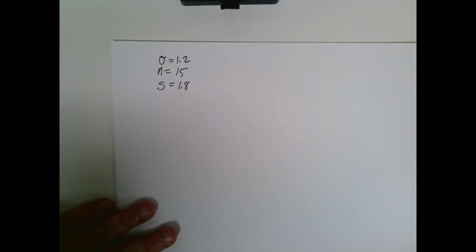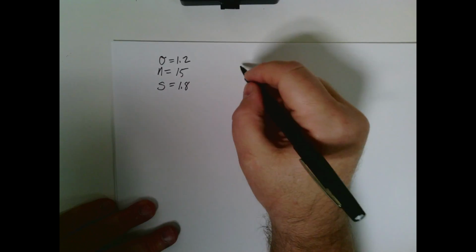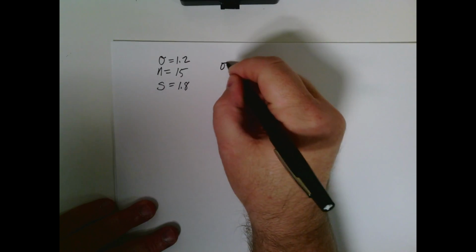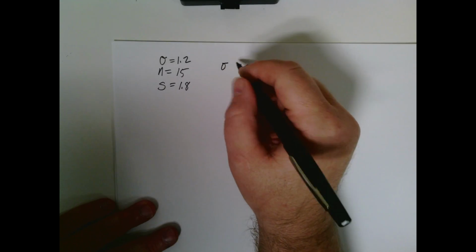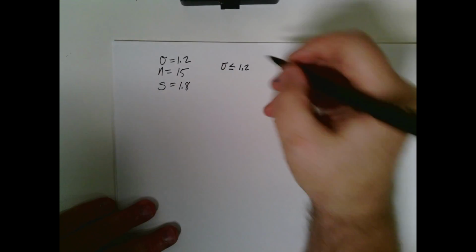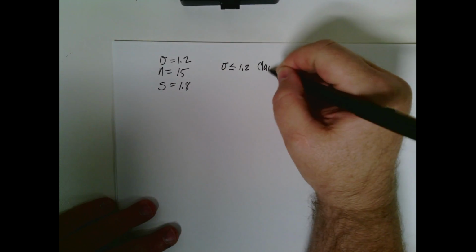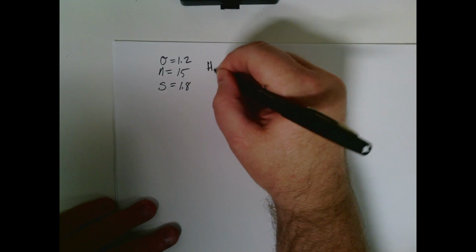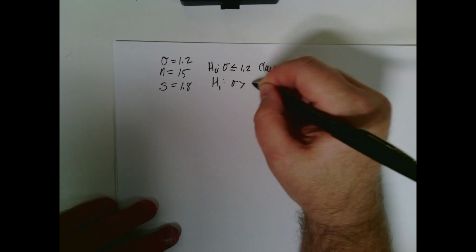Okay, so now they say test the claim, and the claim is that the standard deviation is 1.2 minutes or less. So this would be sigma less than or equal to 1.2 minutes. So that's our claim. So this is our null hypothesis, so our alternate is sigma is greater than 1.2.